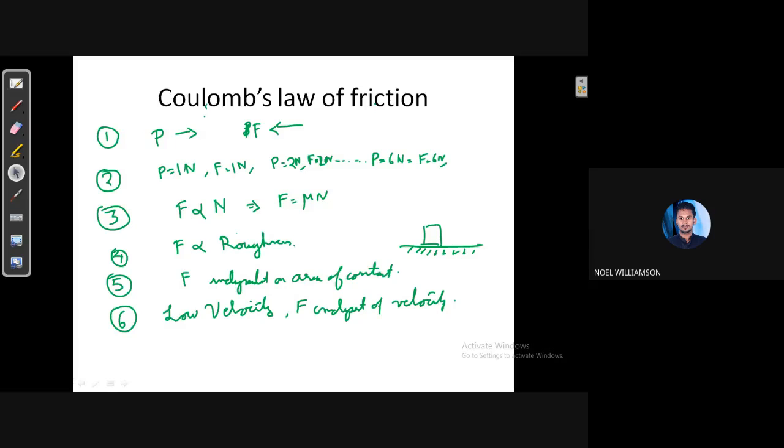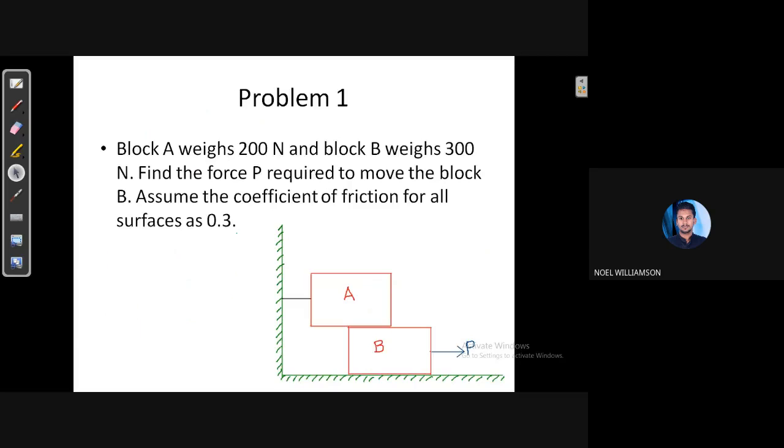Okay, now we will see how we can solve problems using the laws of friction. So basically we have 3 types of problems coming under friction. First one is connected bodies.